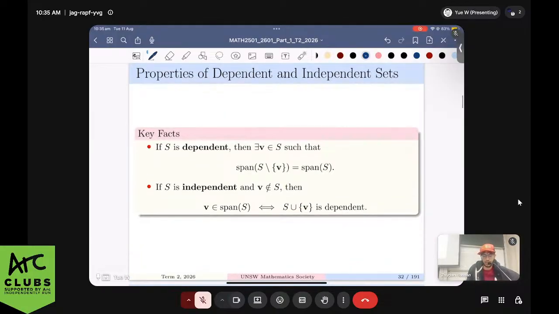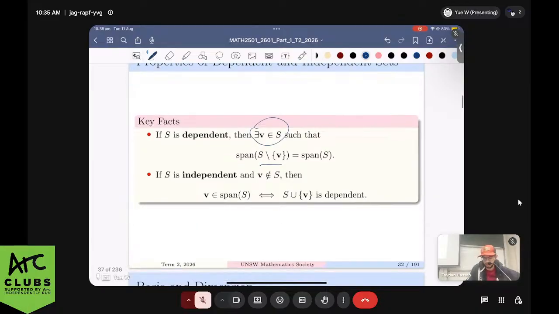Okay, if S is a dependent set, we have this property. What does this actually mean? It means it's possible to remove a vector v from the set, and the span is maintained. If it's an independent set, no matter what you remove, the span actually reduces. If it's a dependent set, it's possible to remove a v from the set and your span is going to stay the same, because that v would have been a combination of the other vectors.